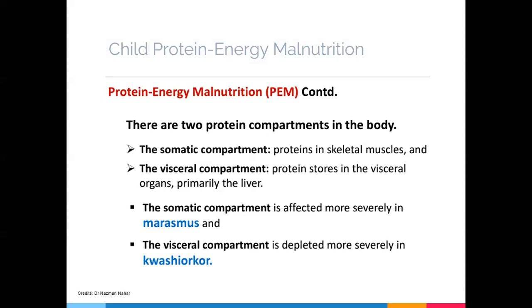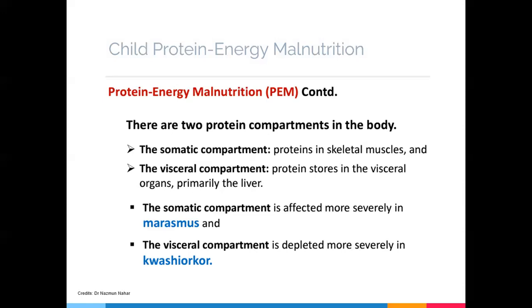Okay, so why is this very important for us to be able to distinguish? Because the difference between marasmus and kwashiorkor lies on being able to distinguish these two compartments. Okay, because the somatic compartment is much more affected in marasmus, and then the visceral compartment is depleted more severely in kwashiorkor.